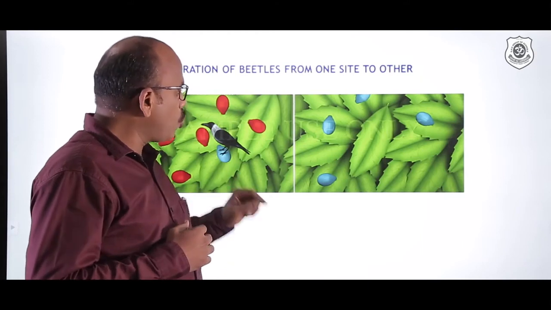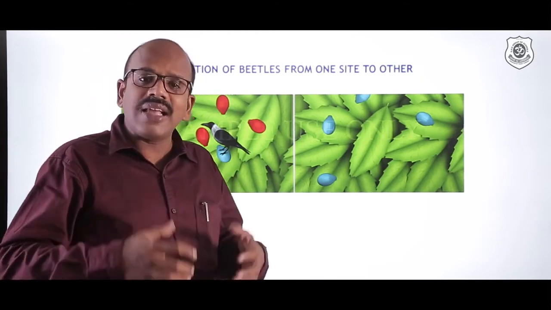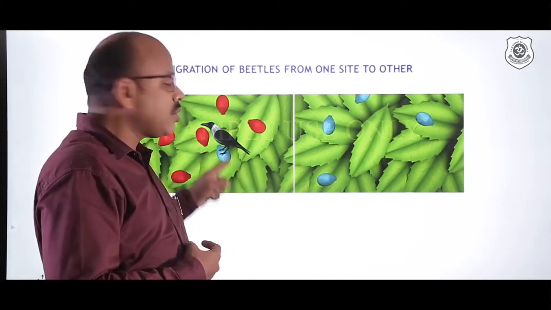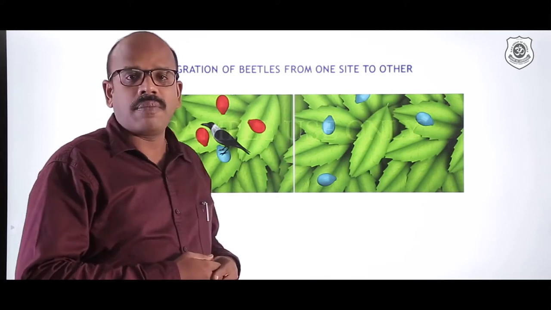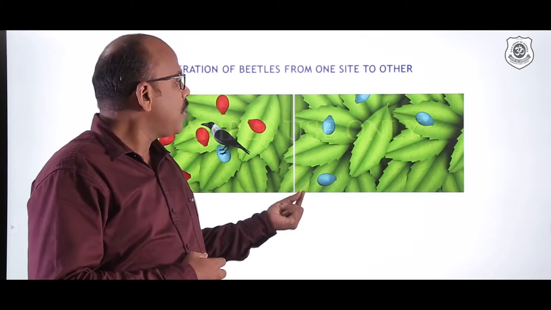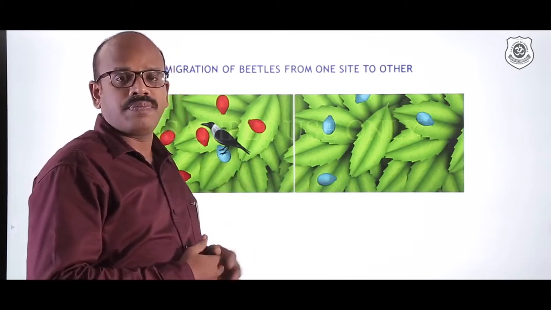It can be due to a predator like a crow, which is not going to eat it. Accidentally they carry it and leave it in the geographical area where these red beetles are seen. Here the gene starts flowing from the blue beetle area to the red beetle area.